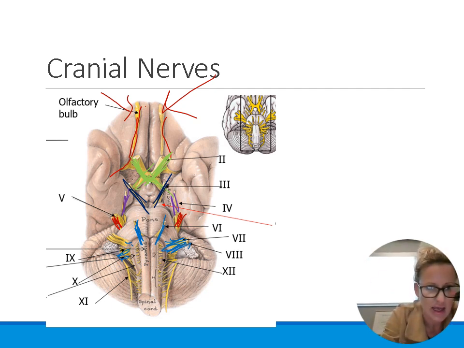So here's 9, and then 10, and then 11, which is this kind of long thing that stretches down towards the spinal cord. And then 12, you go towards the center. 12 is like here in the middle.